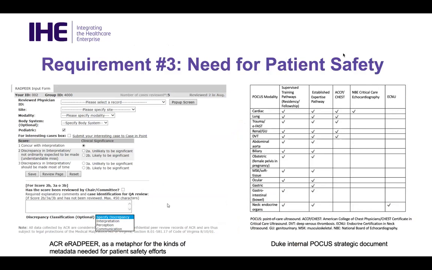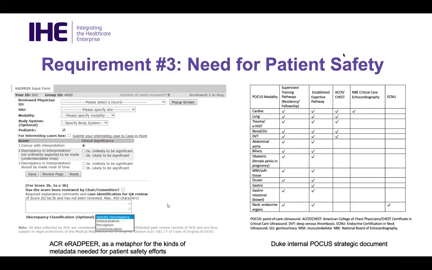Patient safety is intimately interwoven with this. The screenshot on the left is straight from the American College of Radiology eRAD-Peer, and I'm using it just as a metaphor for the kinds of metadata that are necessary around patient safety efforts. So the college and my institution require what body part, what modality, what hospital, and then various scores associated with how well did I do.